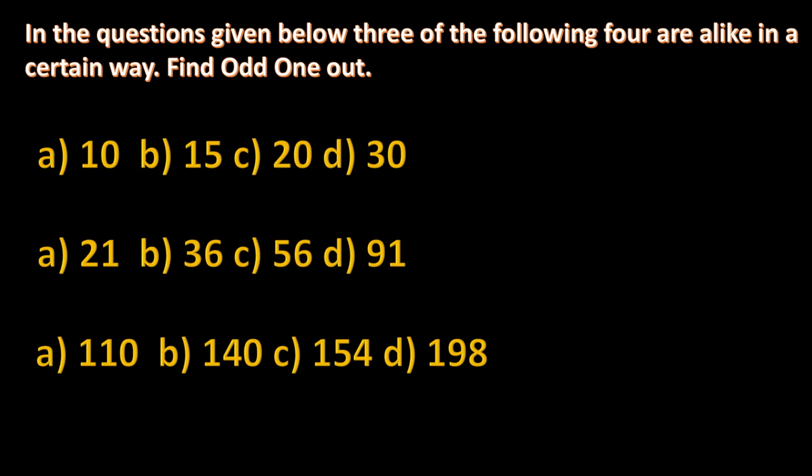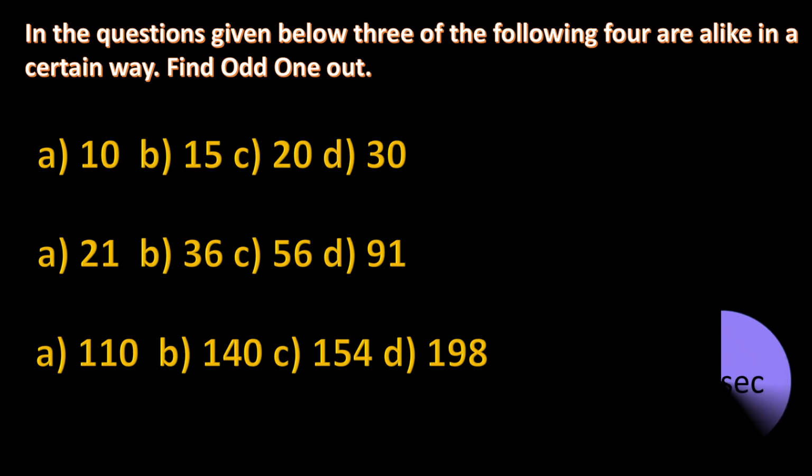So three questions are there on your screen. 50 seconds timer and your timer starts now. Please find out which is the odd one out. So there are four options, correct? In four options, three of them are using the same logic.